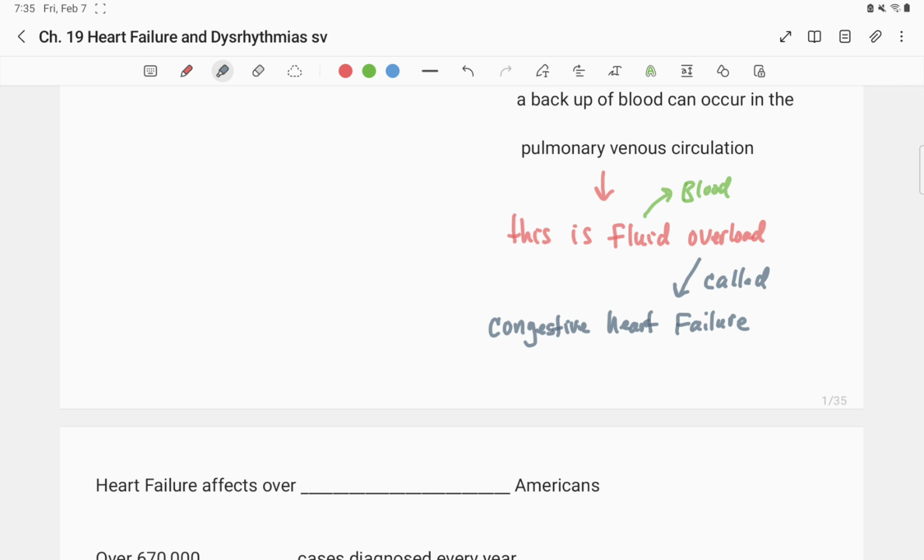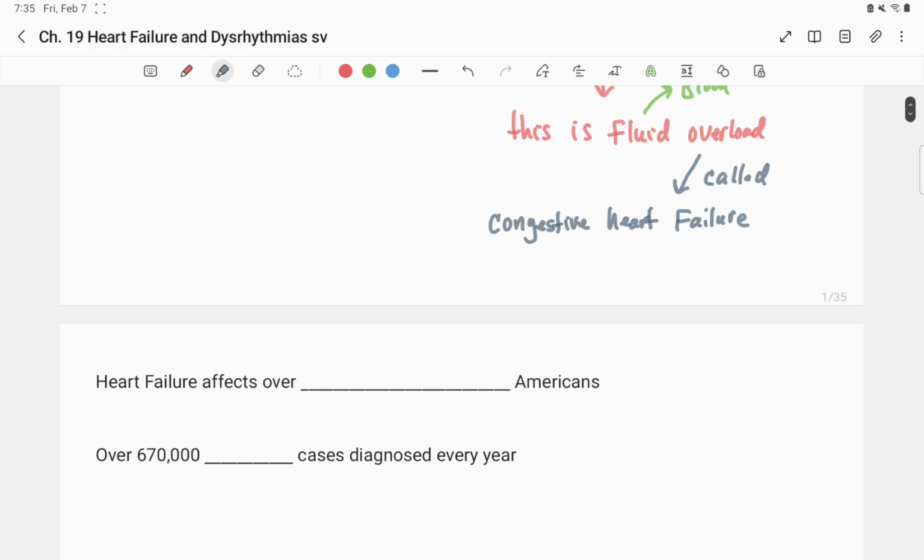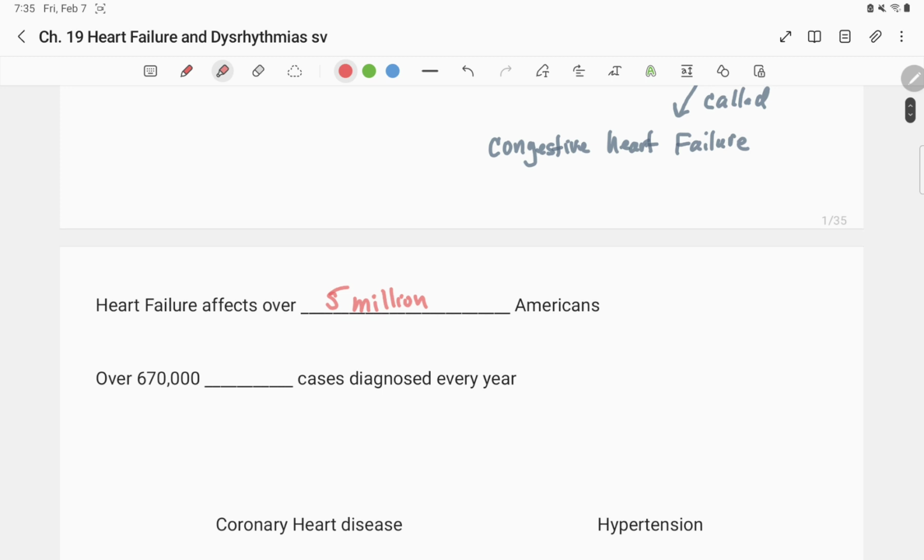You know, we'll say that if we're stuffy in our nose and all that, we'll say I'm congested. There's all this buildup. Okay, so heart failure affects over 5 million Americans, and over 670,000 new cases are diagnosed every year.